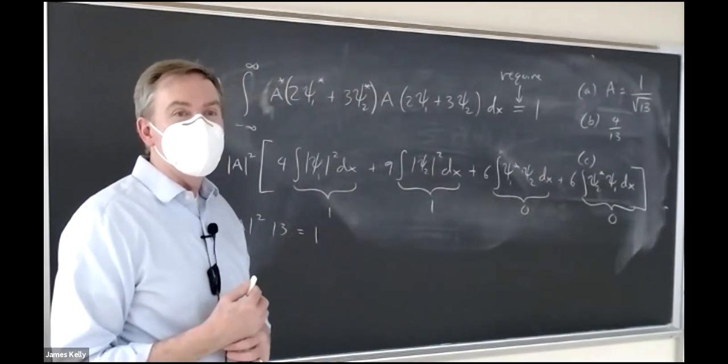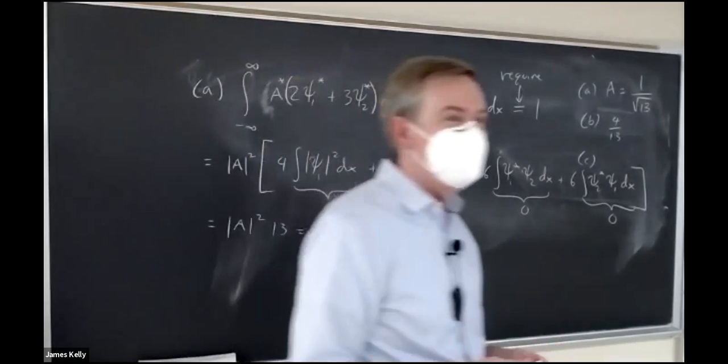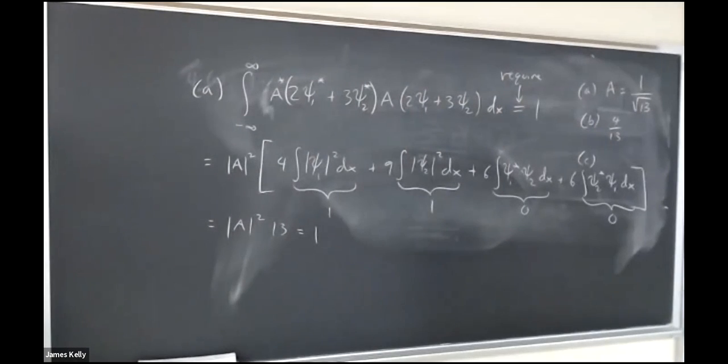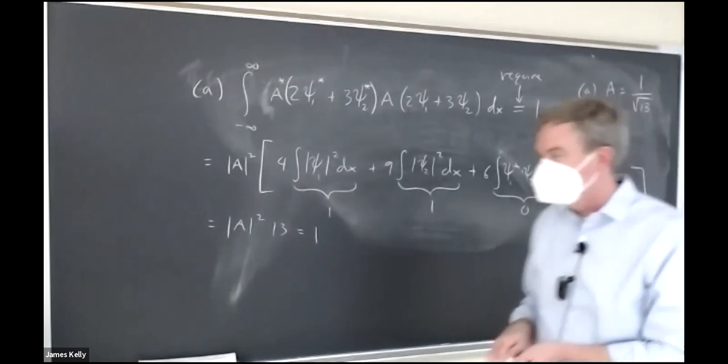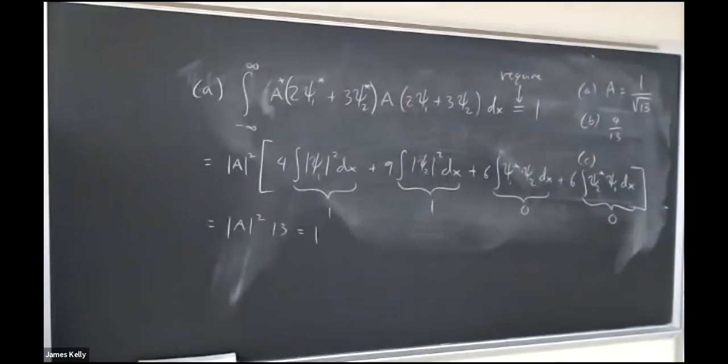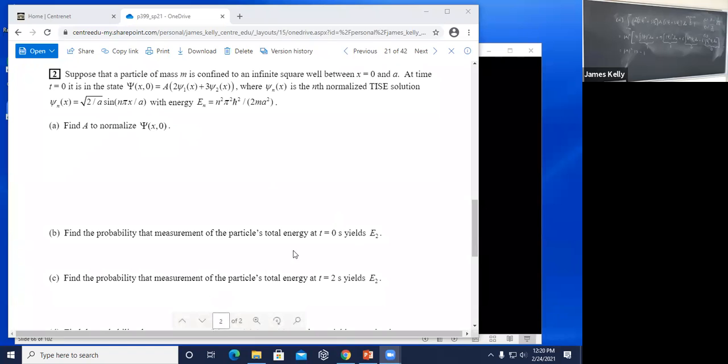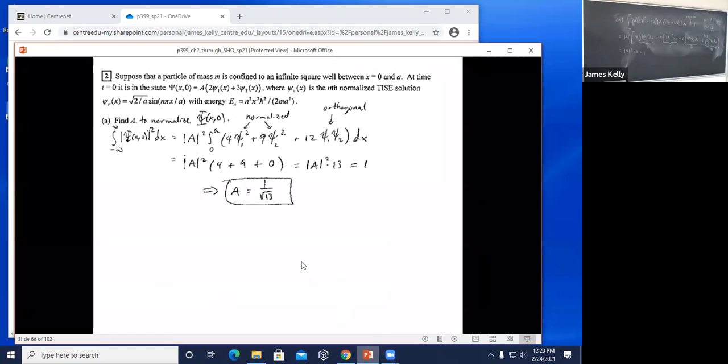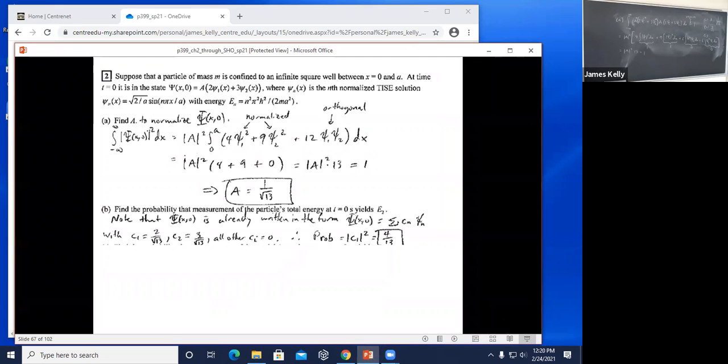I over the square root of 13 is also a perfectly valid normalization constant, but people usually leave the complex stuff out of the normalization constant because it doesn't really help anything. Okay, that's A. Any questions on that? I just wanted to show how to do it somewhat more efficiently. 1 over root 13.